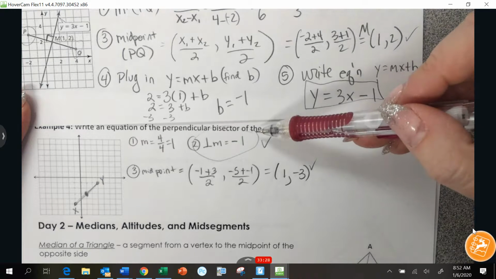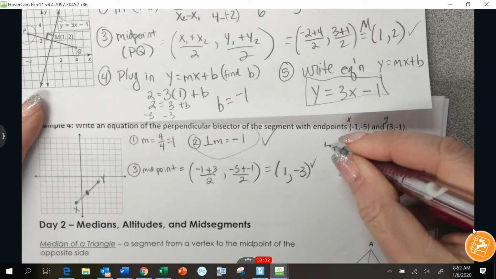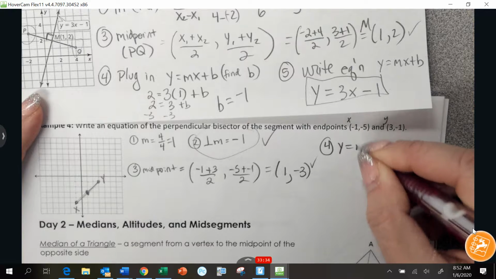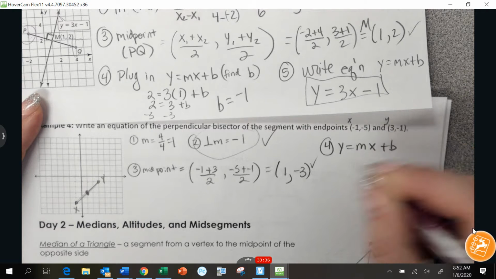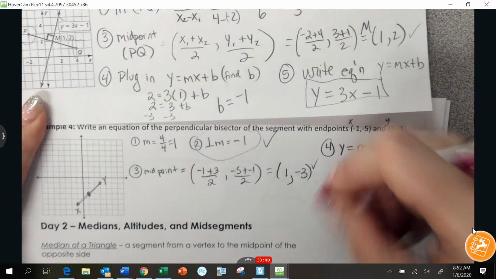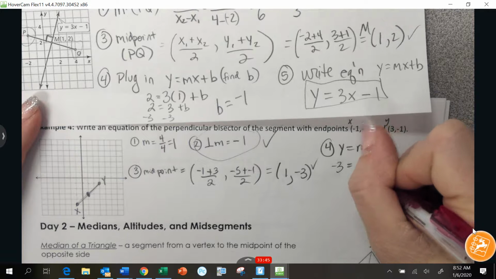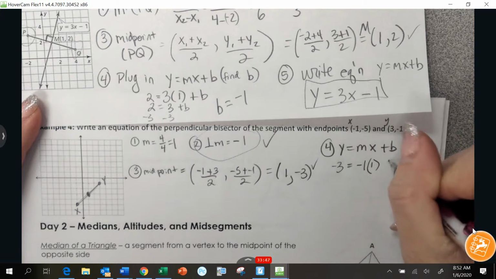I need slope, and I need point, and now I'm going to do y equals mx plus b. So my y is -3, my m is -1, and my x is 1.